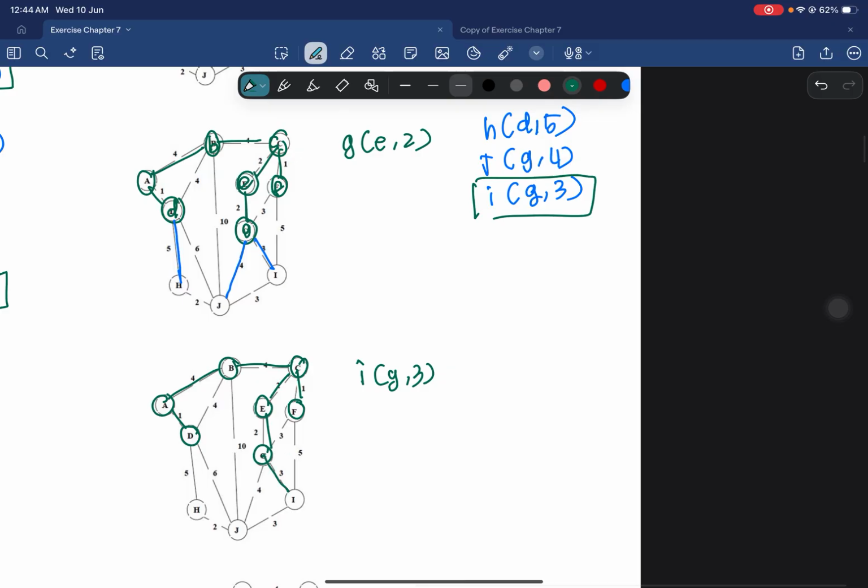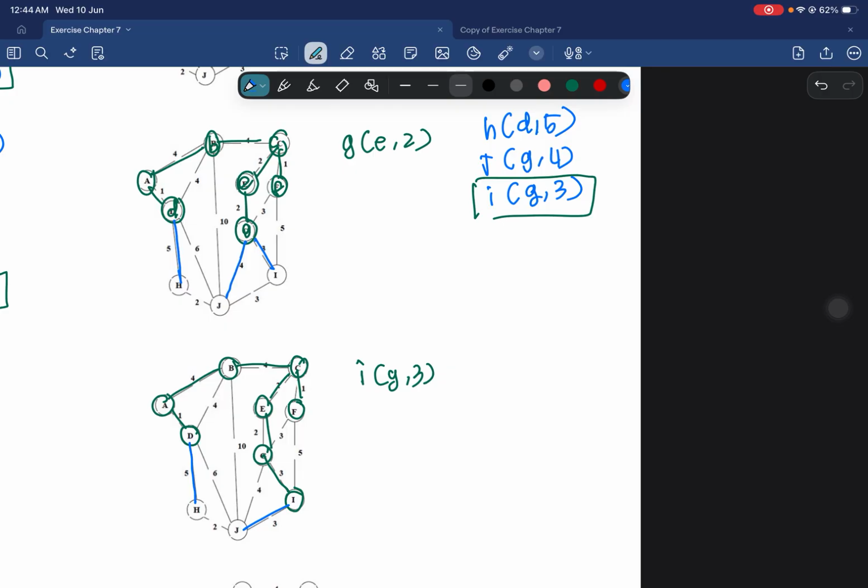And also we have I. So what is connected to what? We have H still here, and also we have I here. So we choose I J here because this is shortest. Then we have 3, 4, 10, and 6.